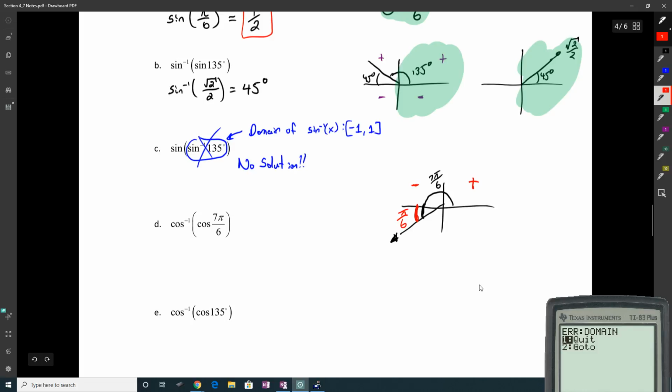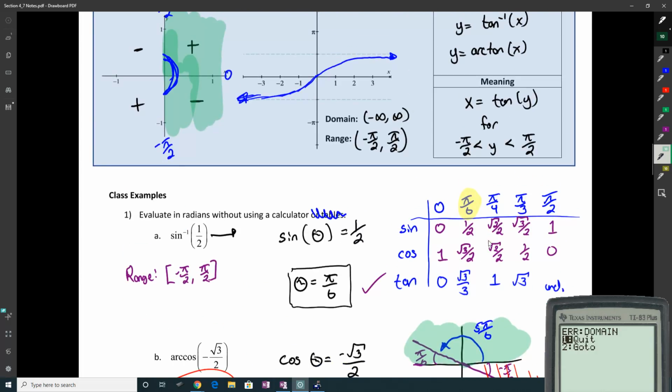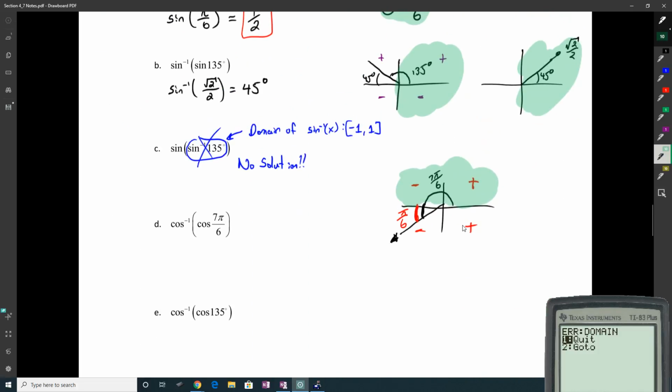Cosine is positive, negative, negative, positive. But notice that the domain for inverse cosine is up here. So since the angle isn't in the range for the inverse, my answer is going to be different. They don't just cancel and it's not 7 pi over 6. Okay? So cosine of pi over 6 is square root of 3 over 2. It's negative, though.